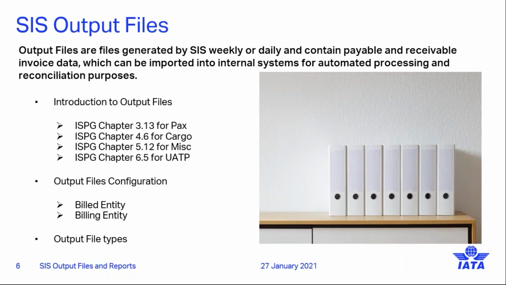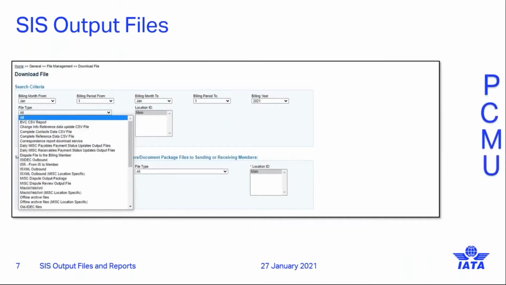Moving forward, this is a drop-down menu that you see in SIS, where you will see the list of all output files that we have in SIS. You can go ahead and check it in SIS, General, File Management, Download File.